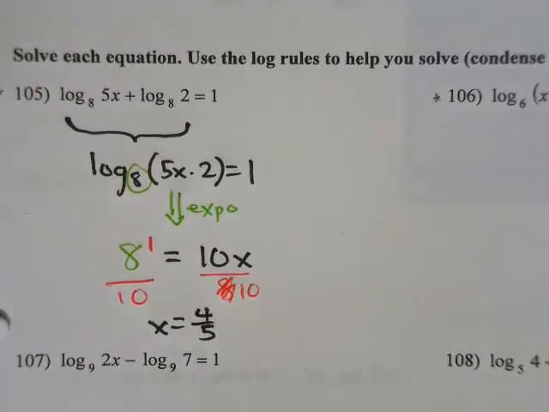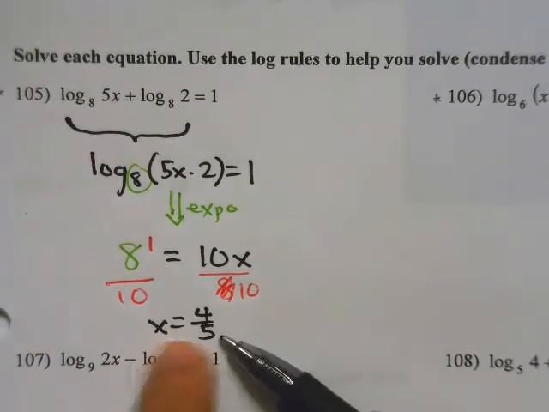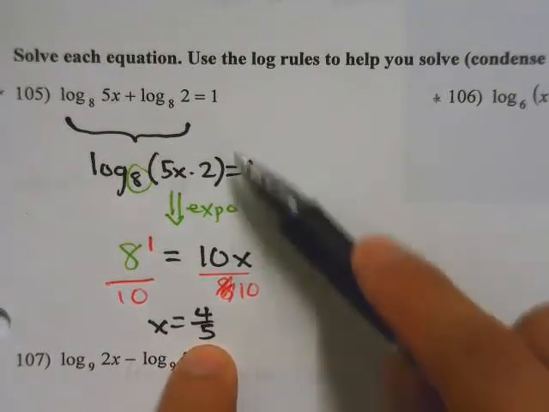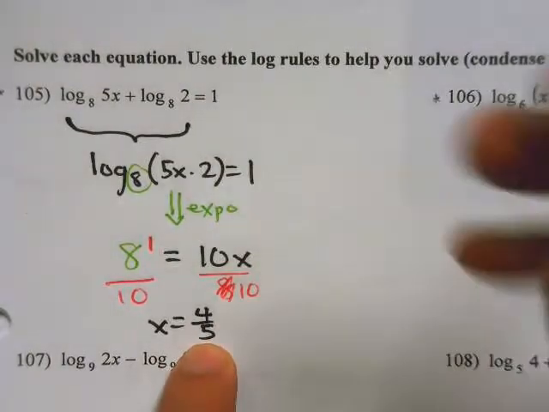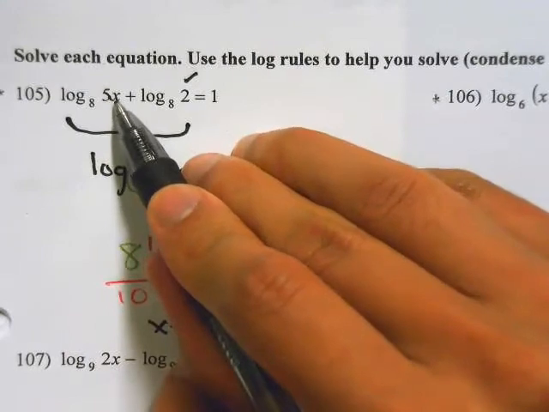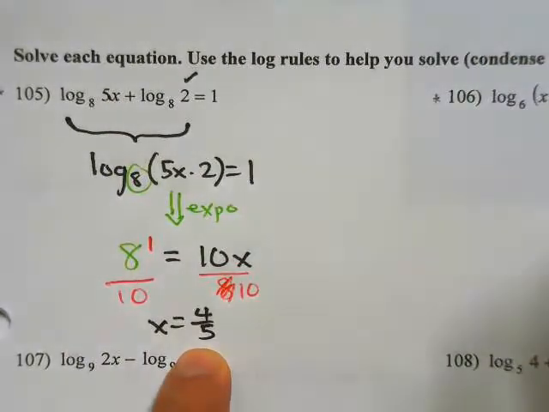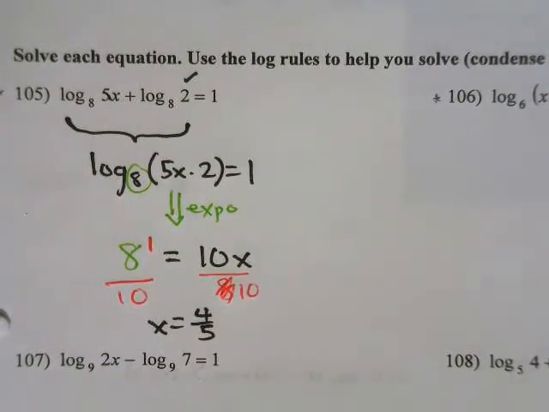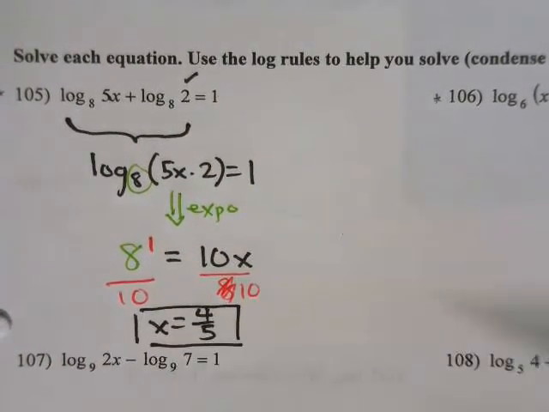We just have to make sure before accepting it that it's not going to make the arguments a 0 or a negative number. And I think we're safe because this is already positive, so that's okay. And then if we put 4/5 over here, 5 times 4/5 is going to be 4, which is also positive. So we're good with this. We are good.